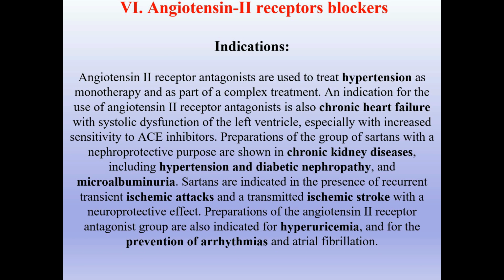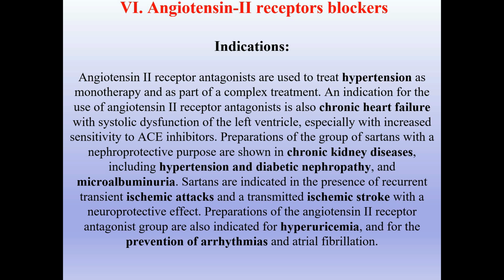Indications for use. Angiotensin II receptor antagonists are used to treat hypertension as monotherapy and as part of a complex treatment. An indication for their use is also chronic heart failure with systolic dysfunction of the left ventricle, especially with increased sensitivity to ACE inhibitors.